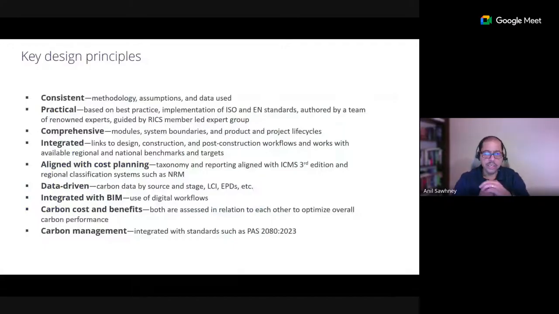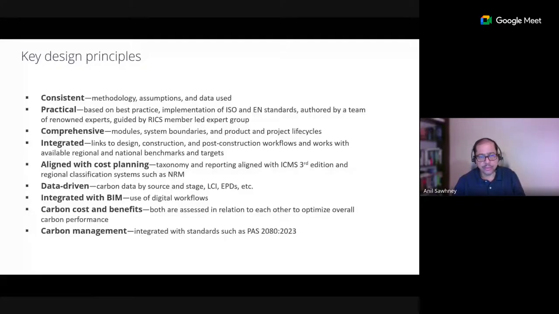So here are the key design principles. The WLCA standard that we have produced is consistent. So it is based on a methodology. It clearly tells you how to make assumptions and which data to use, at which life cycle stage, what data you should be using. So it's again a best practice guidance which is consistent.